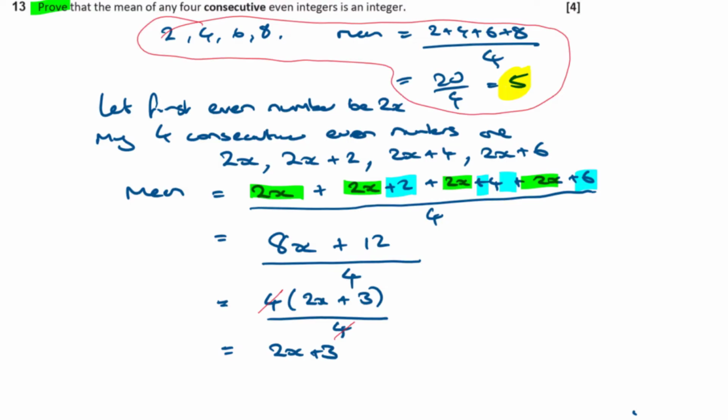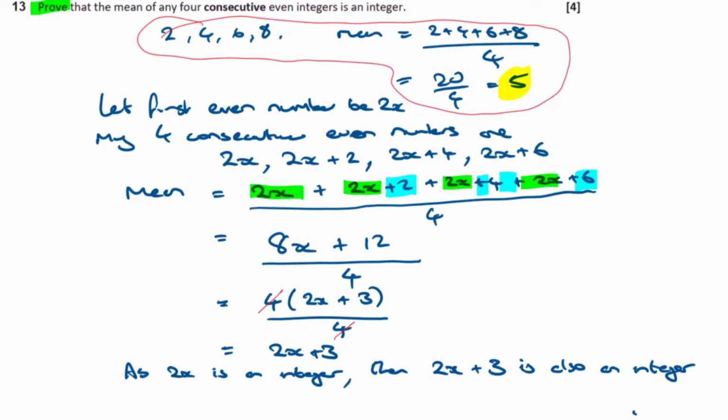So I can say that as 2x is an integer, then 2x plus 3 is also an integer, because if I add a whole number to a whole number, I get a whole number, and therefore I can conclude that the mean of any 4 consecutive even numbers is an integer. I've proved it. Okay.